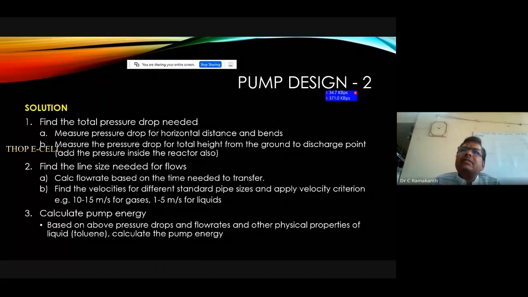Then we tell them, okay, a Teflon coated pump is what we need. So they will supply the pump with the internals coated with Teflon. Okay. So that is how we design the pump.